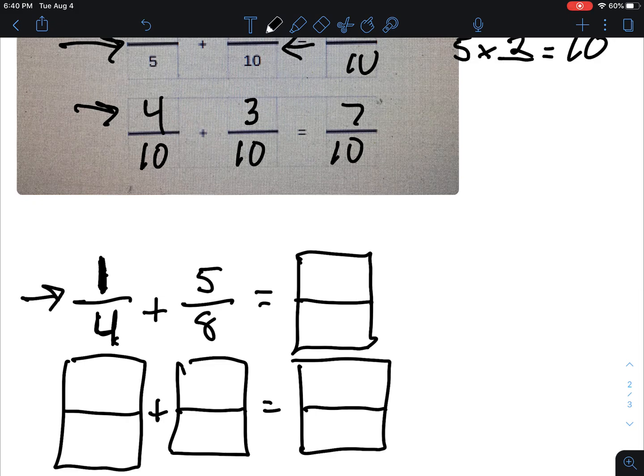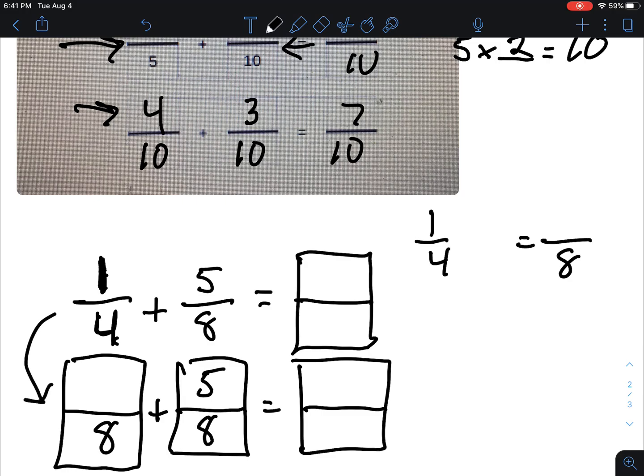Okay, so same type of problem down here. I want you to find an equivalent fraction for 1/4 that has the same denominator as 5/8, so you can add those fractions together and see what you get. All right, so remember, the fraction with the larger denominator, you can just copy down there. Then it's a matter of, 1/4 is equal to what?